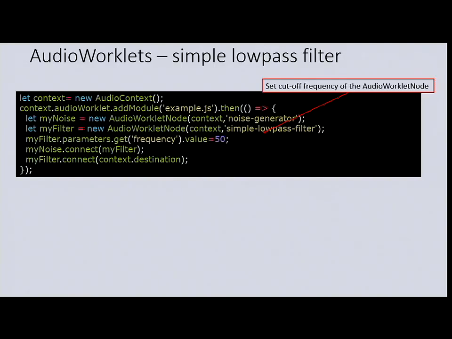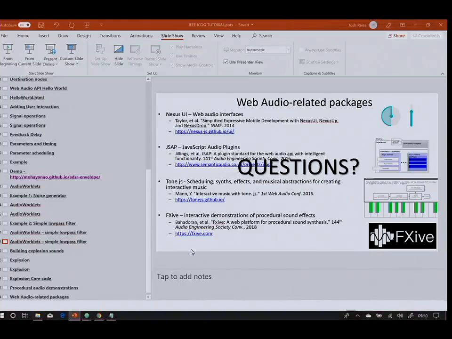And here, you need to set the parameters of the worklet, of the low-pass filter. But otherwise, it's similar in implementation to the noise worklet that was shown. So, one more example.